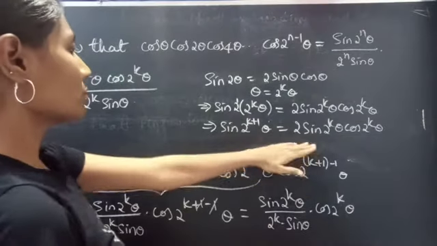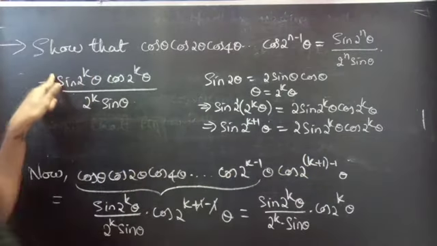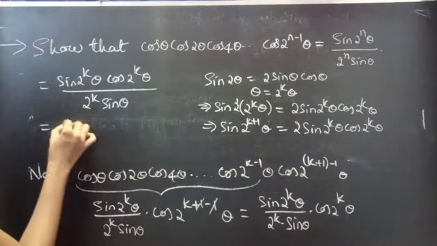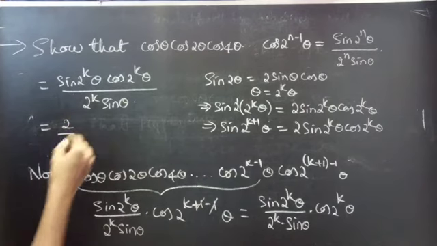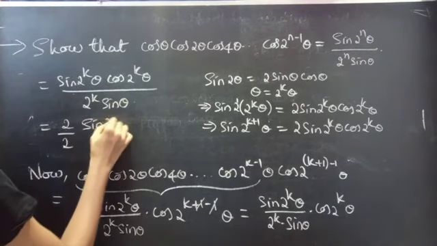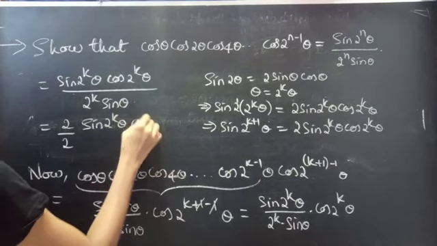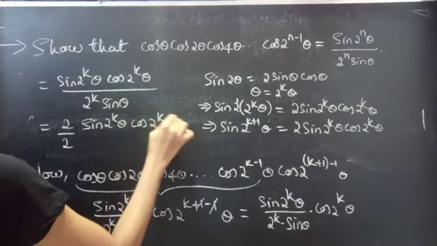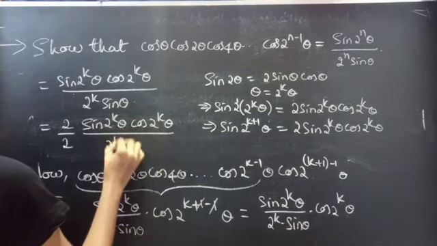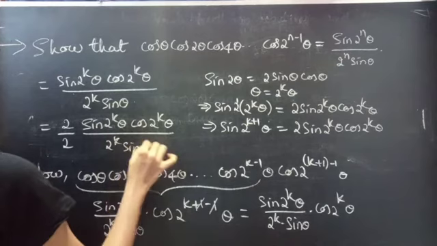In order to apply this formula, we need a 2 here. Right? So what we'll do is we'll simply multiply and divide by 2, and write the remaining as it is.